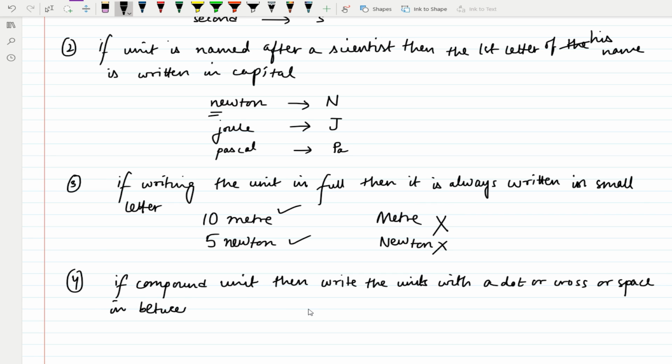Now what does it mean? Suppose the unit is meter per second. You will write it either with a dot, with a cross, or with a space in between. You will not write it as ms minus 1, attached.